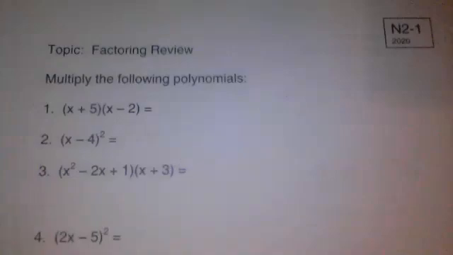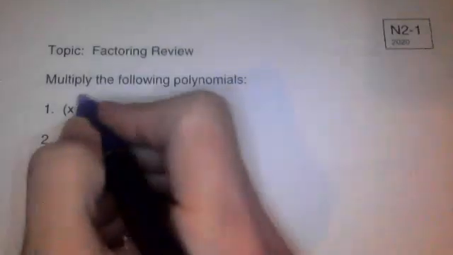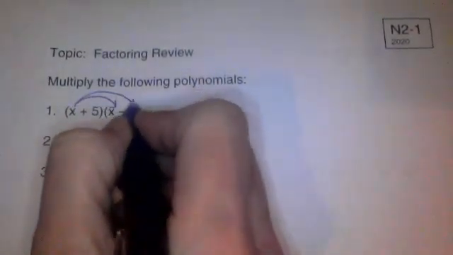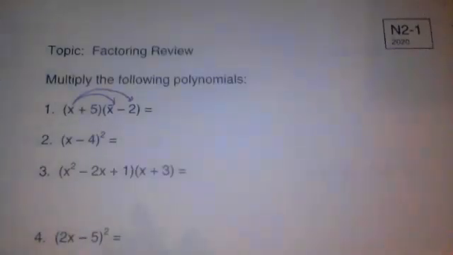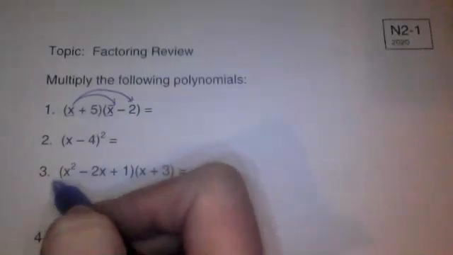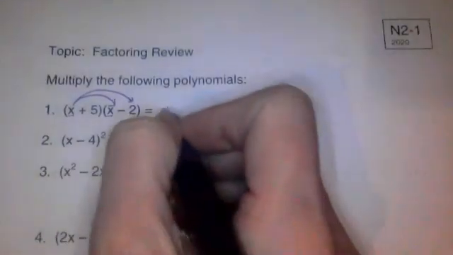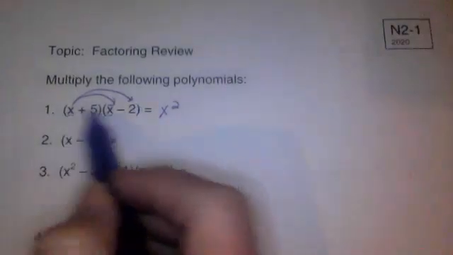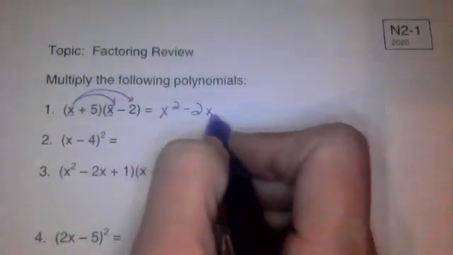All right, so let's get started here with this first example. We're going to FOIL or multiply this together. And I know that it really does not matter which order we do it in, but we're going to do it as a FOIL problem. So first terms, that's the first terms in each of the binomials. We're going to multiply and we get x squared. Then we're going to multiply the outer terms. So x times negative 2 is negative 2x.